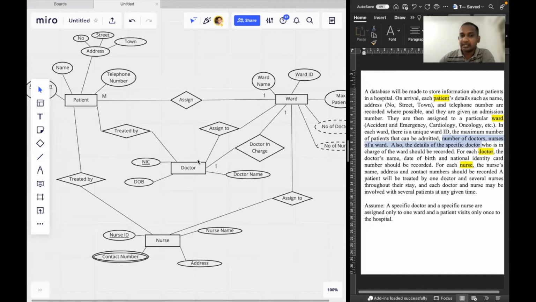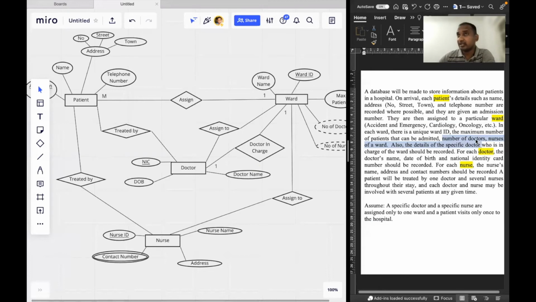Take the doctor side. Now when you are going to draw the cardinality for the doctor side, remember to take the other side as 1. That means ward. Take the one ward. If you take one ward, how many doctors are assigned? Here it is mentioned that there are a number of doctors.